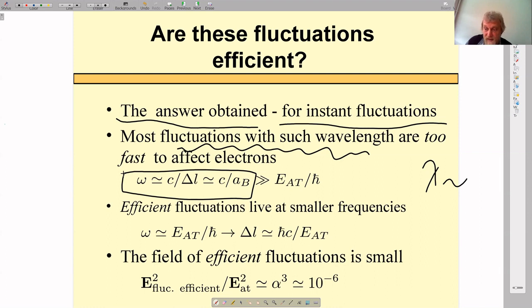But the field at this length scale oscillates with enormous frequency, which is much, much bigger than the typical frequency scale for atomic motion. That's why this field, which is present, makes no influence on electron motion. It oscillates too fast.